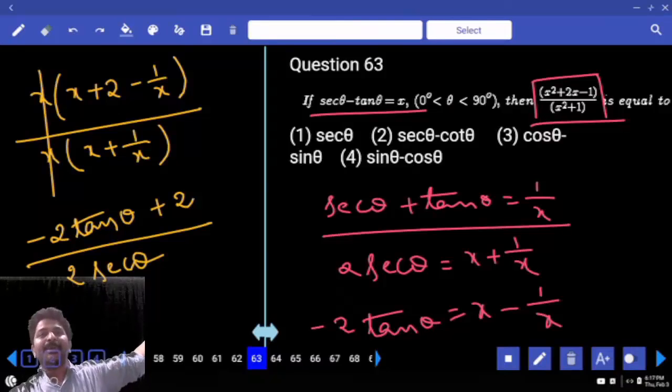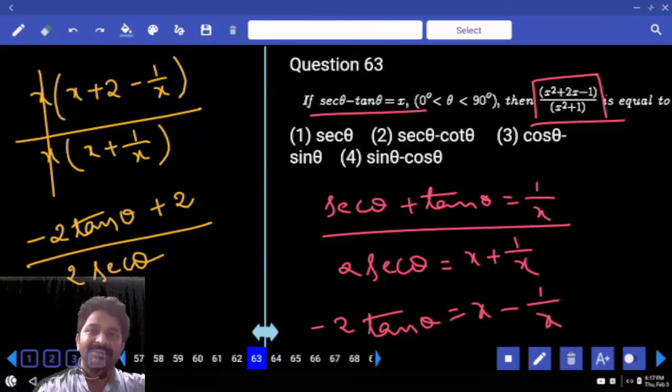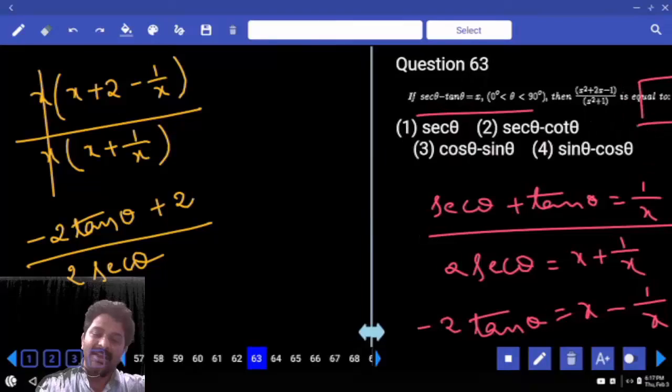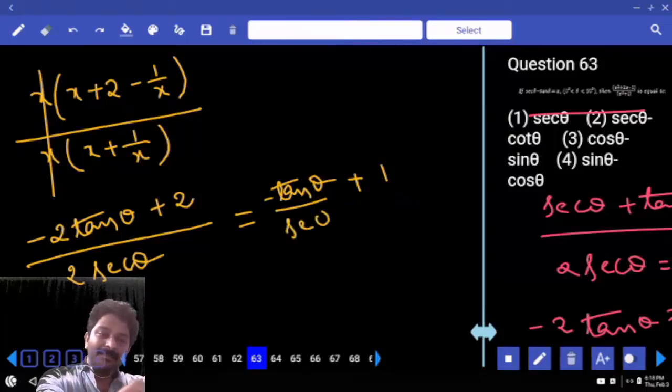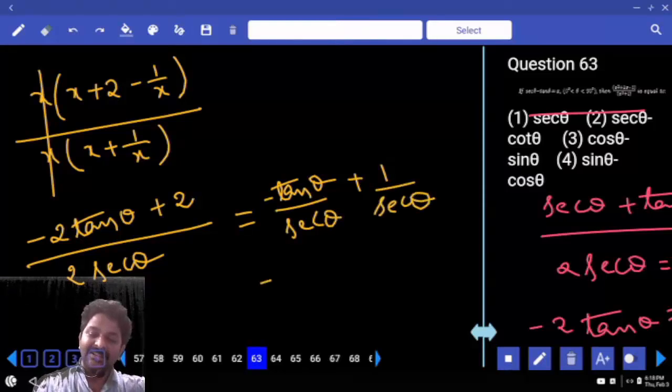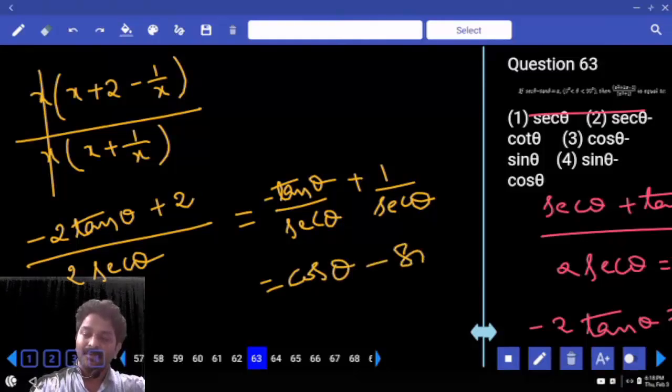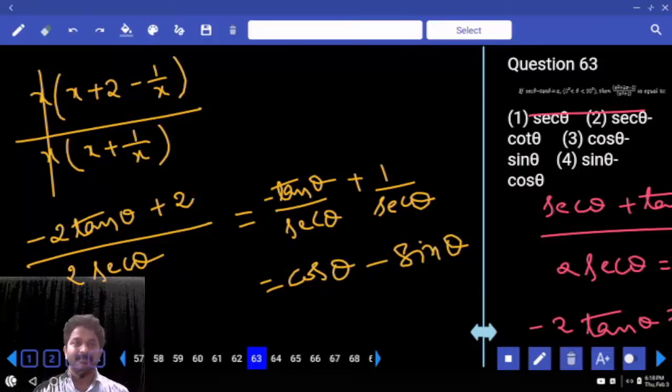In both numerator and denominator you can take 2 common and cancel. Then you get minus tan theta plus 1 by secant theta. I'll separate it like this: 1 by secant theta is cos theta, minus tan theta by secant theta is sin theta. Cos theta minus sin theta, which is the third option.